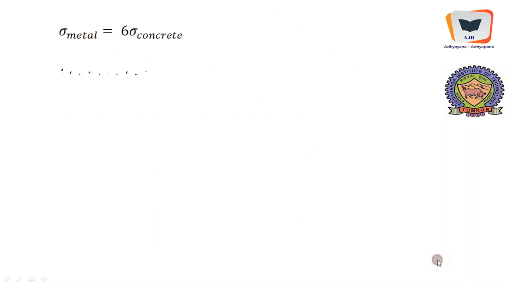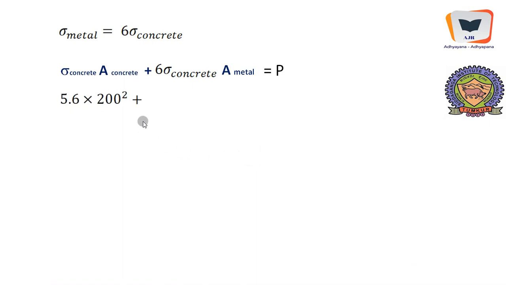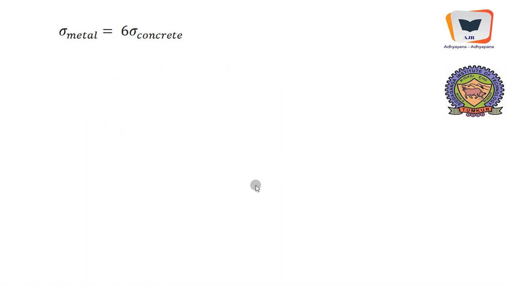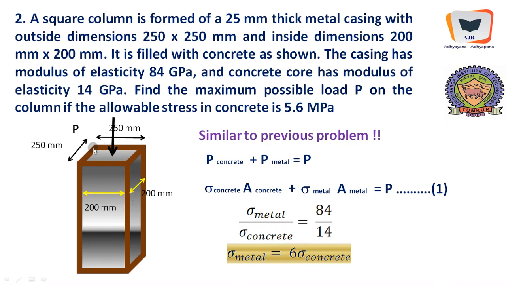Now we will make use of this relation and go back to equation number 1, and we substitute 6 times sigma concrete in place of sigma steel, which we have just derived, and A, the area of cross section of the metal, equal to P. It is 5.6 stress into 200 square, because it is a square section, that is the area of concrete.